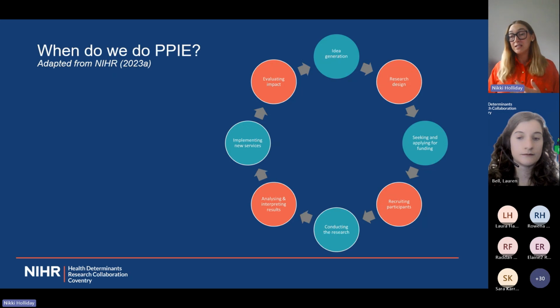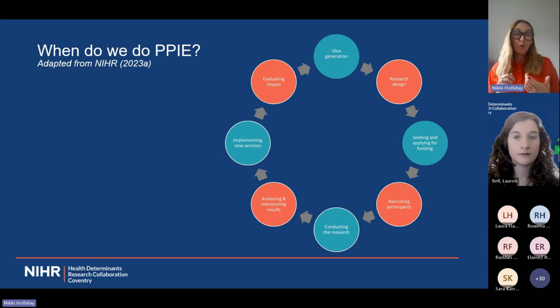Seeking and applying for funding. There are patient public members who are trained in and are happy to learn about how to read grant applications and give you feedback on the grant application. We can get them involved in recruiting participants. So not necessarily doing the legwork, but speaking to us about where is the best place to go to find participants.